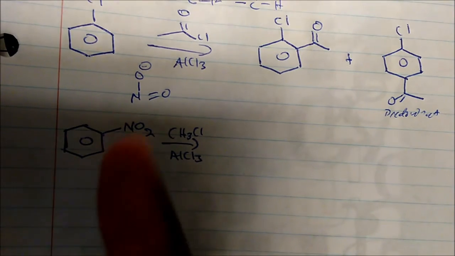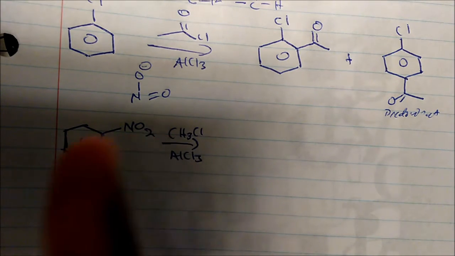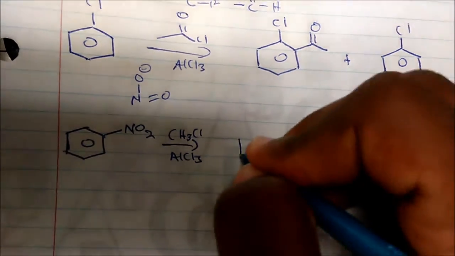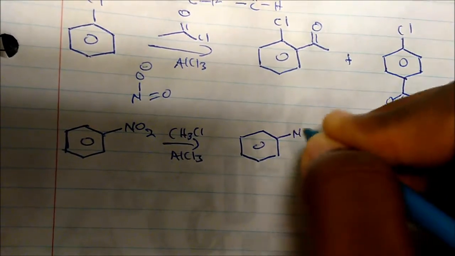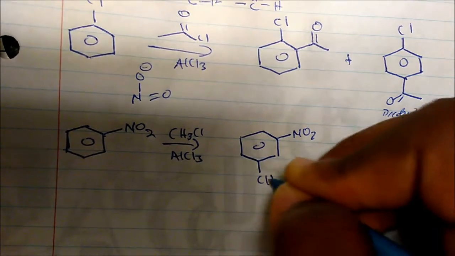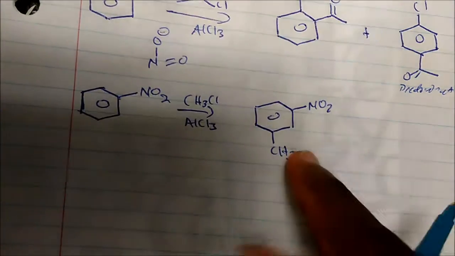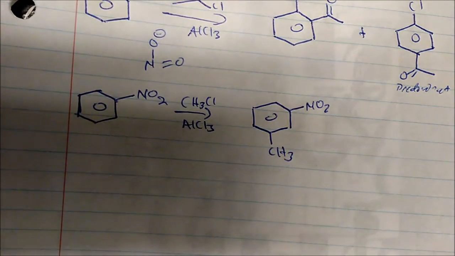That's how the molecule looks. I see double bonds there, so this has to be a meta director. Therefore, the product that I'm going to get looks like this. I get the CH3 in the meta position, and this is nitrotoluene. So that would be the product that I would get.